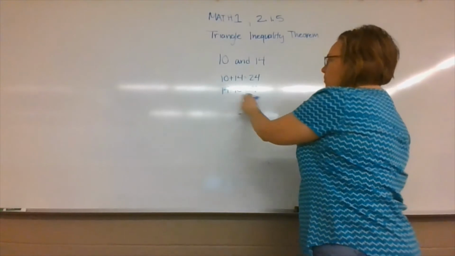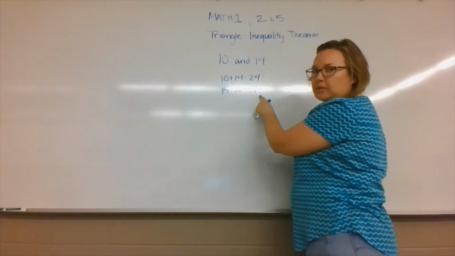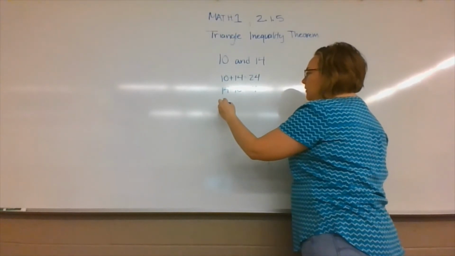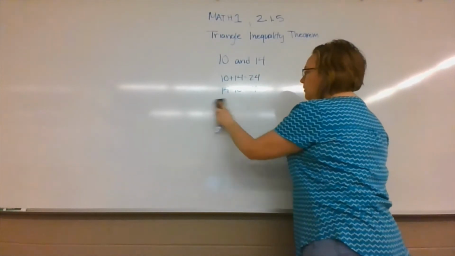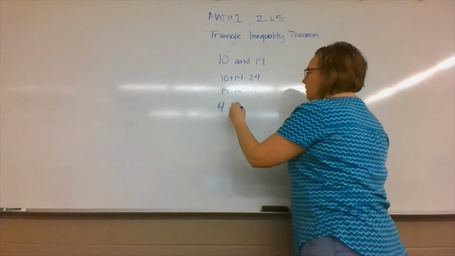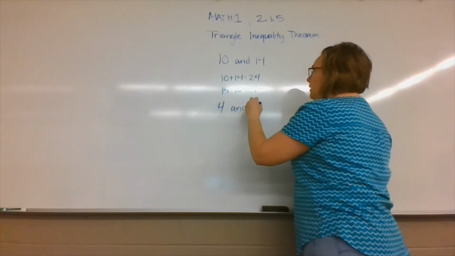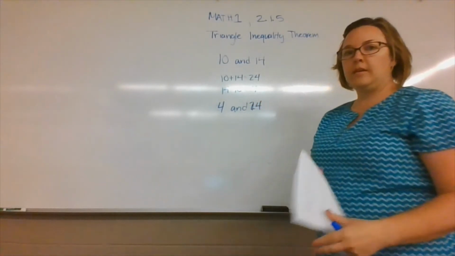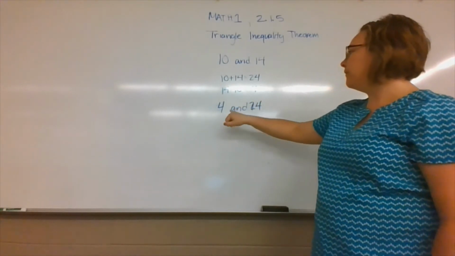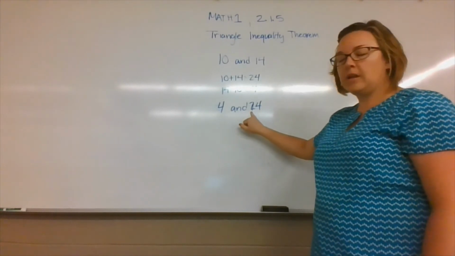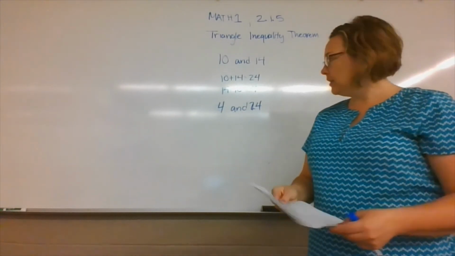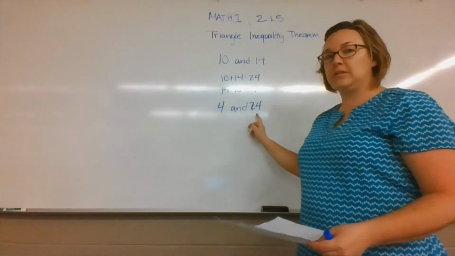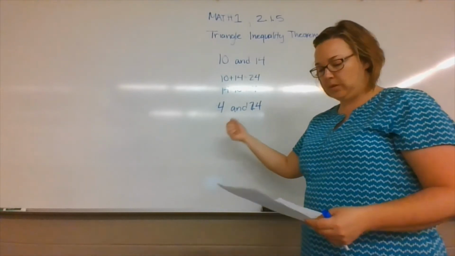So 14 minus 10 is 4. So our third side has to be anything between 4 and 24. Okay, so our third side could be 5, it could be 23, it could be 18, any number between 4 and 24. That does not include 4 and 24 itself. It's the numbers strictly in between.